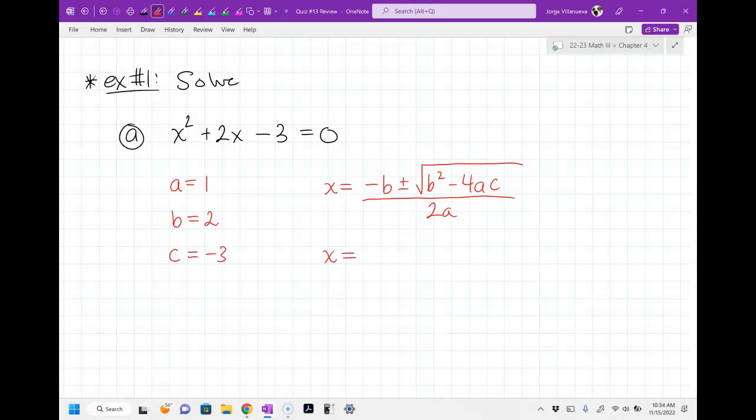Okay, all right, now, plugging in the numbers. I think this is the most crucial part of these problems because if you mess up, then everything's wrong, right? So make sure you take your time and do this right. Negative b, which is 2, plus or minus the square root of b squared, that's 2 squared, minus 4 times a, which is 1, times c, which is -3, all that divided by 2 times a, which is 2 times 1.